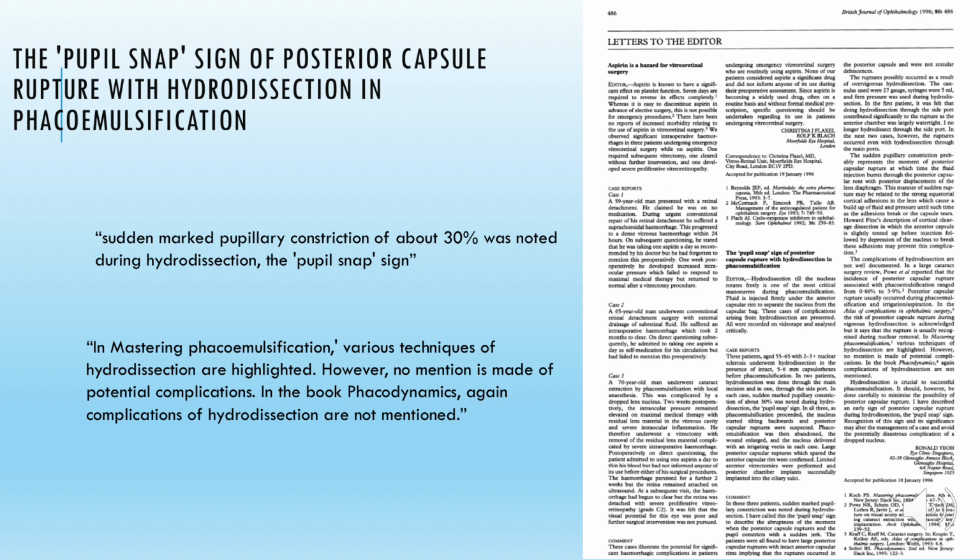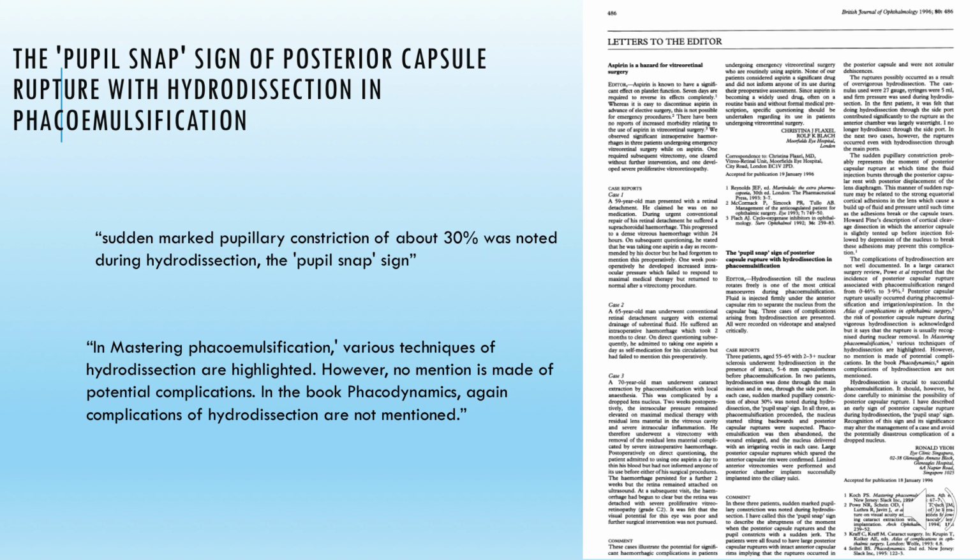One should know how to identify a PCR before one goes for the vitrectomy per se. In this paper published in BJO, written by Dr. Ronald Yeo, he described the pupillary snap sign of posterior capsule rupture when it occurs during hydrodissection.